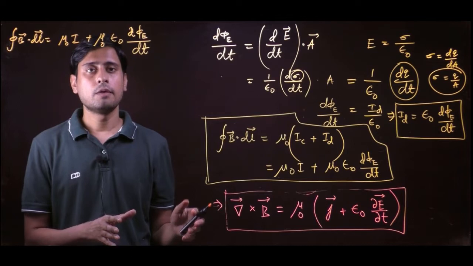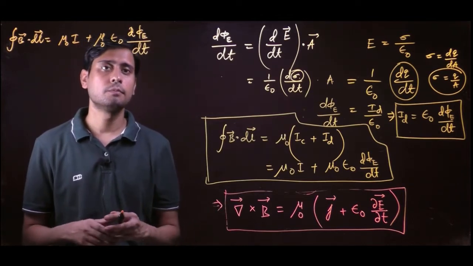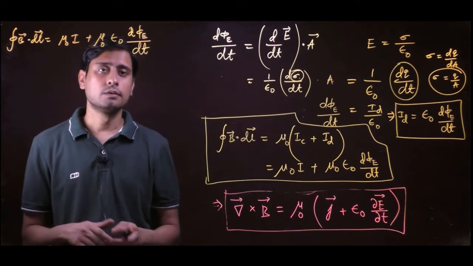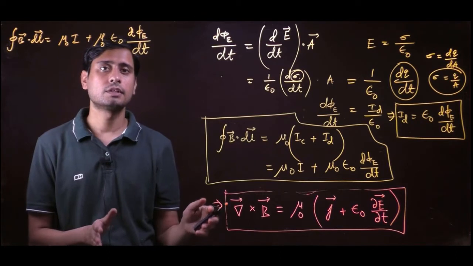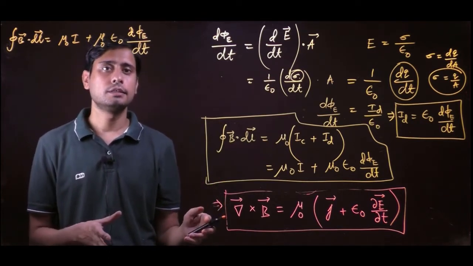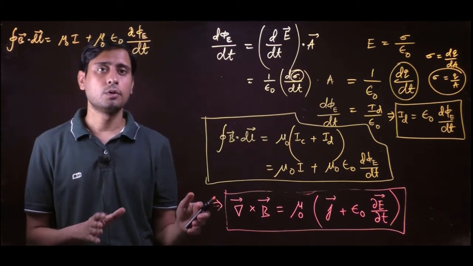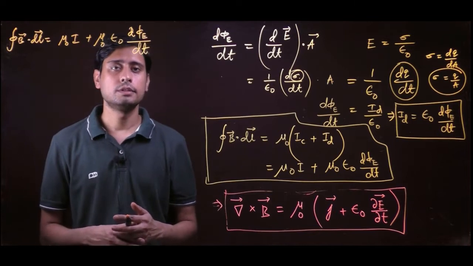In that case, you have to consider the currents with both the factors, and the combined effect taken, then you will be able to calculate the total magnetic field, because magnetic field depends on both things: the flow of charge, that is the conventional current, and if in that region the electric field is changing, that changing electric field produces a magnetic field. So you have to consider both.